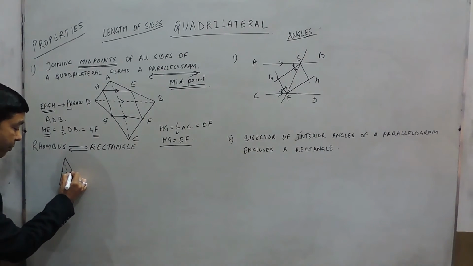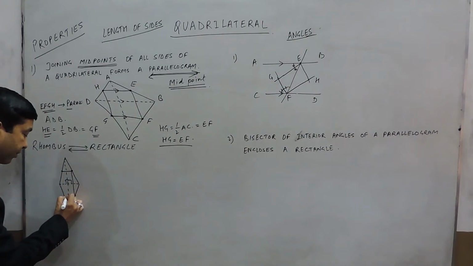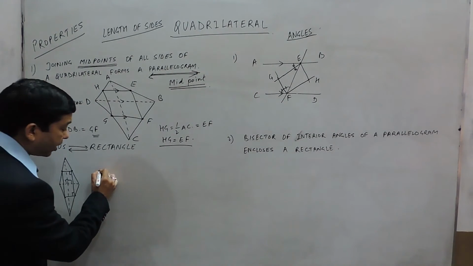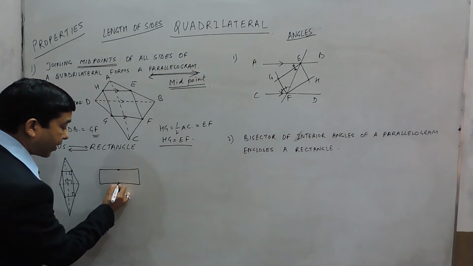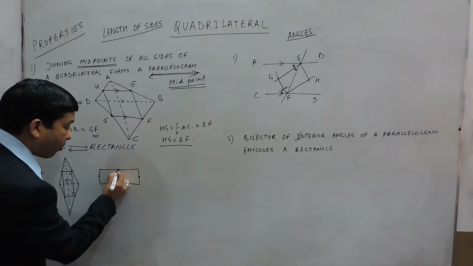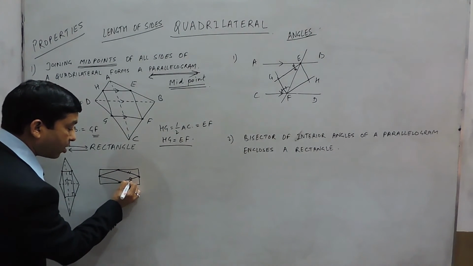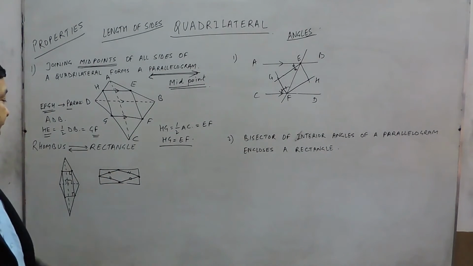Then if we join the midpoints of this rhombus, it will form a rectangle, because all the four angles at the corners must be 90 degrees. On the other hand, if there is a rectangle and we join the midpoints of the rectangle, they will form a rhombus, where all the sides of this quadrilateral must be equal. So this is basically a rhombus.